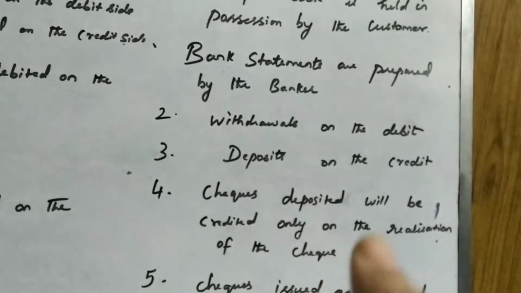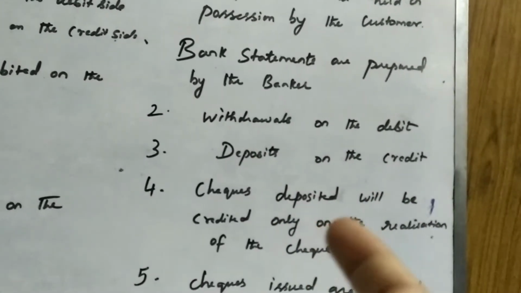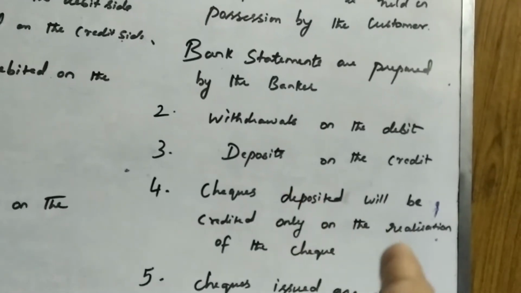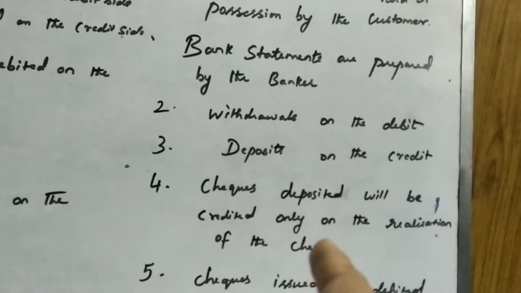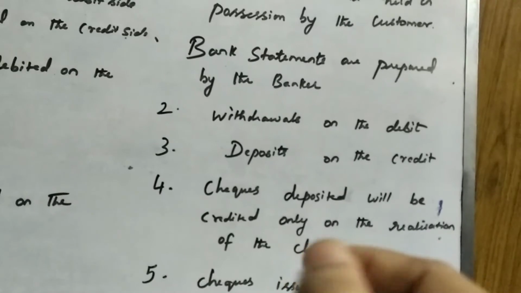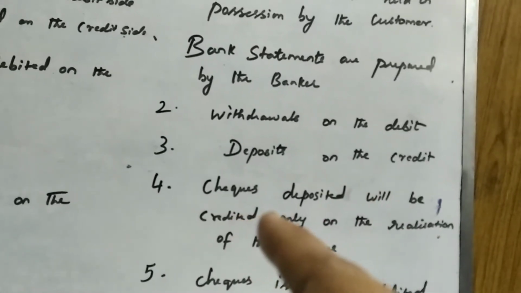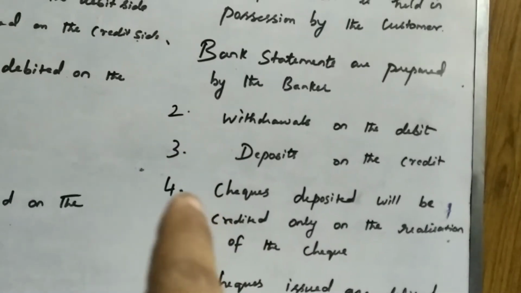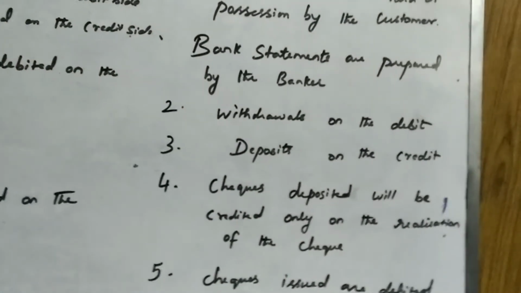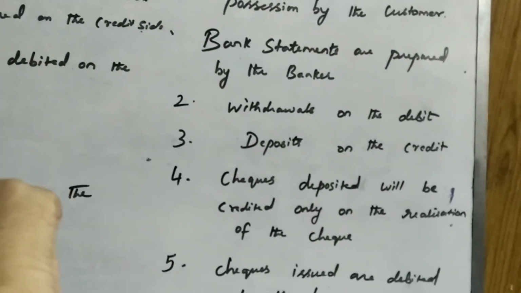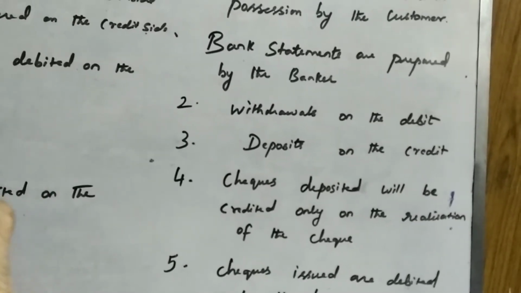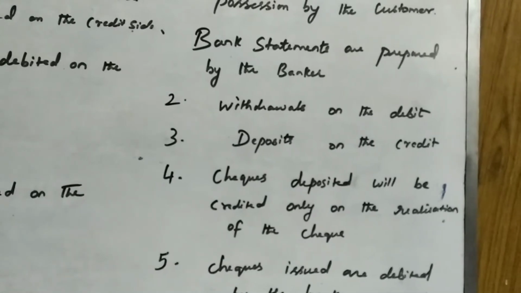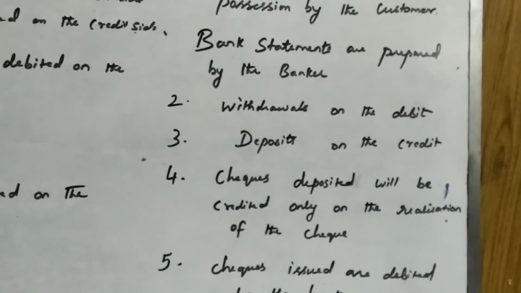So the amount will be credited to my account only on 13th of Jan, which means the date of realization of the check. The check, when it is realized, that date will be recorded in my passbook. So can you now able to get the difference? 2 days lag is there. Check deposited, the date of deposit of the check is on Jan 11th, but the date of realization is on 13th.